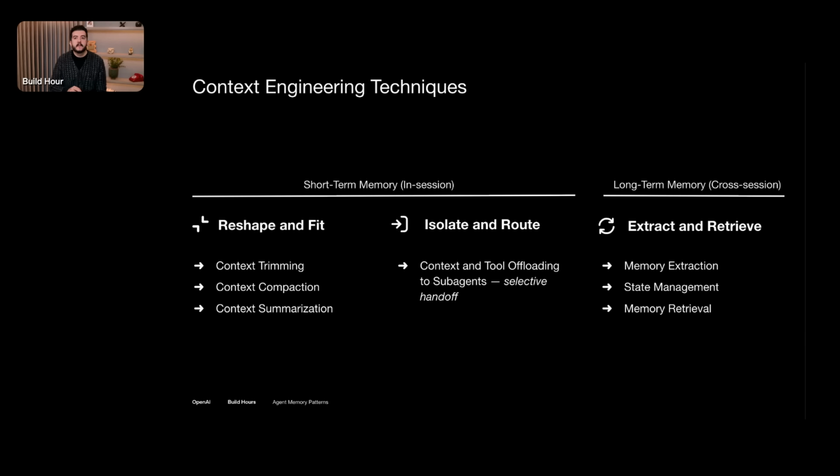That means you can collect different information from multiple sessions, and you can retrieve it back in the next session or other sessions in the future. Short-term memory is all about making the most of the context window during an active interaction and active conversation. In contrast, long-term memory is about building continuity across sessions.